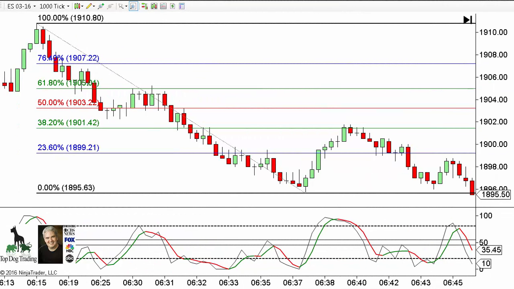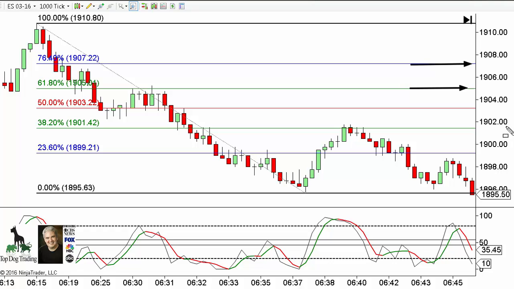So now I've added the cycle indicator to the bottom of the chart, and this makes all the difference in the world. As I said, Fibonacci levels, as well as some other levels like pivots, give us price levels where we would look for potential highs and lows on the market. The other thing, though, is that a chart is a two-dimensional object.